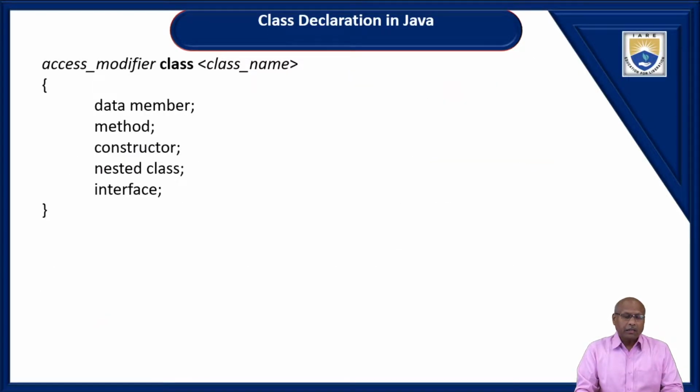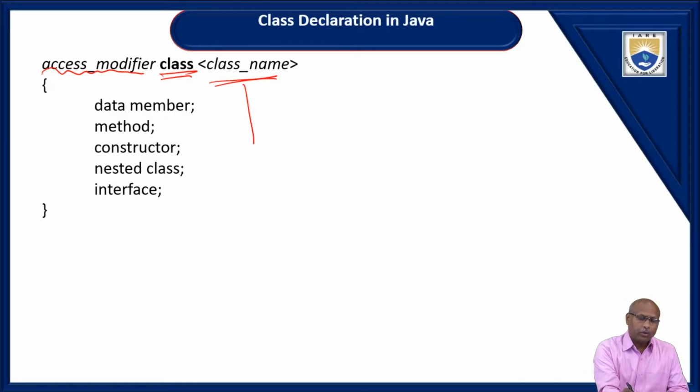The syntax of writing the class in Java, you have to follow. First you have to mention the access modifier, then the class keyword, then the class name, whatever name you want for your application. In addition to this, open brace and close brace, this is the general syntax.